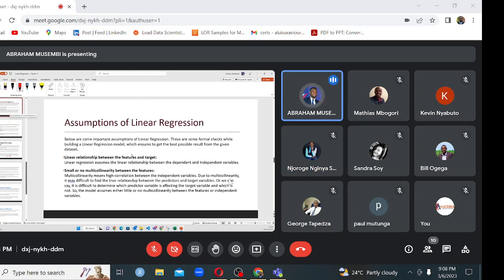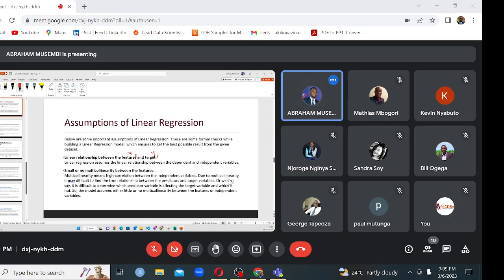Features are x variables, maybe one x variable or more. Our target is our y. This is our output, and those are our inputs.